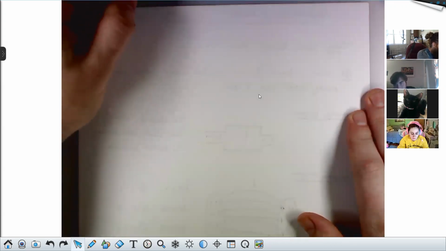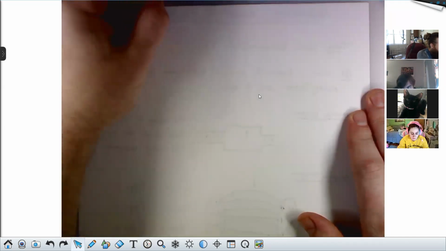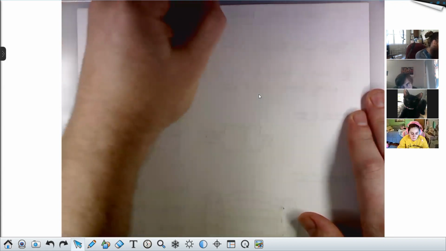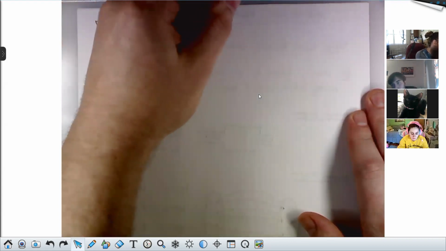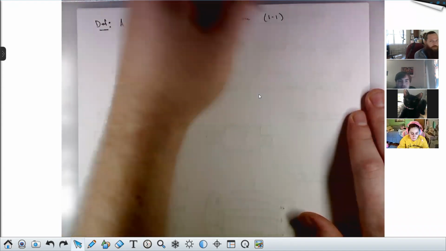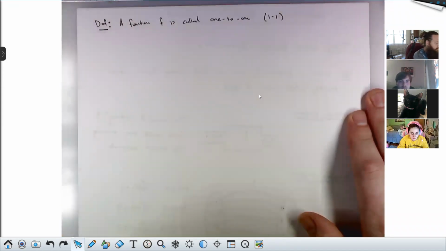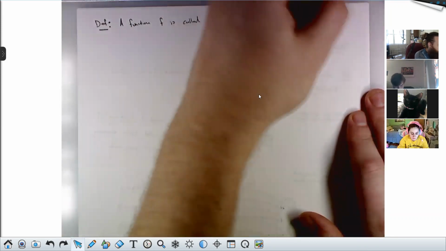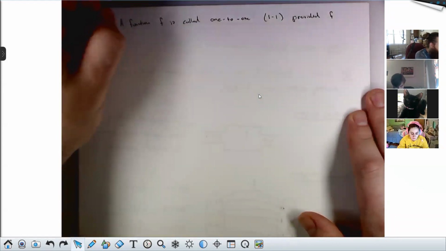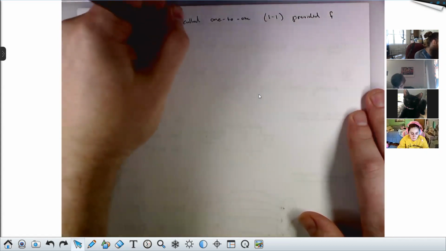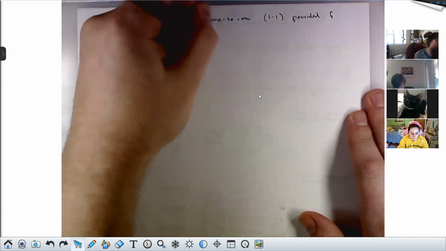A function f is called 1-to-1, which I'm going to abbreviate as 1-1 like this, because it takes some time to write, provided f sends different inputs to different outputs.